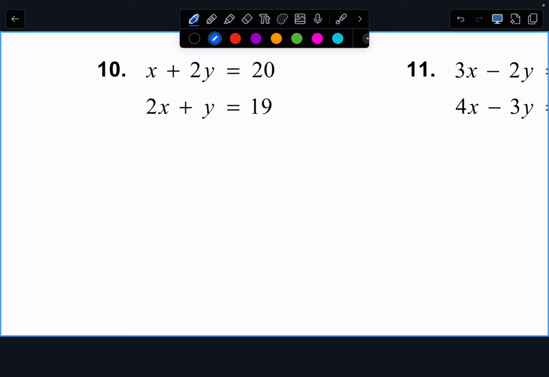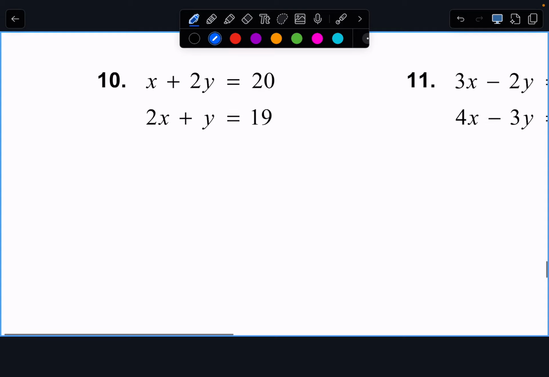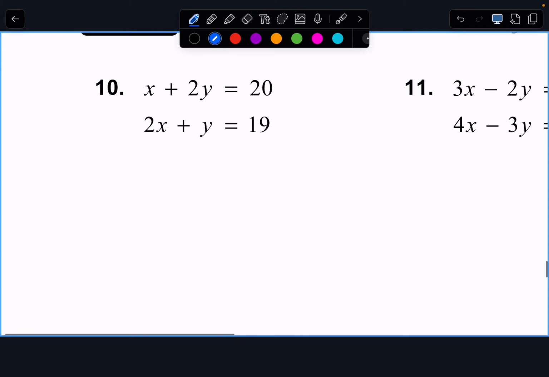Okay. Honestly, I think either one we pick is going to be the same amount of work. So let's take a vote. Who would like to make X opposite? Who would like to make Y opposite? Not everybody voted. It looks like X was our winner. If we want to make X opposite, what would we need to multiply this first equation by?